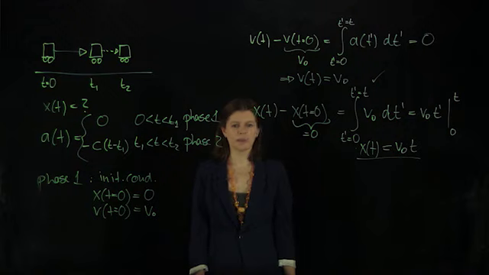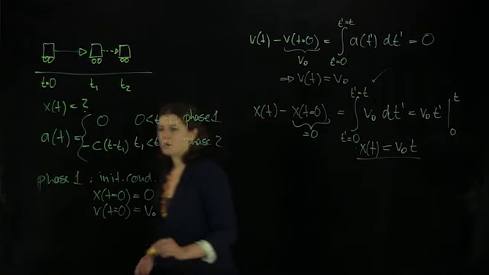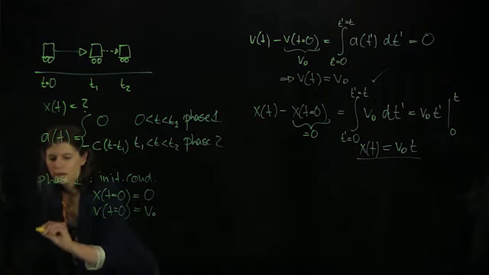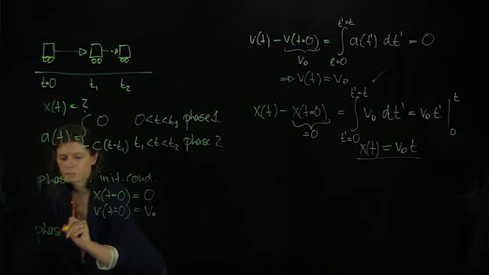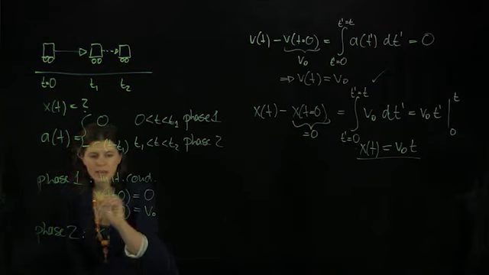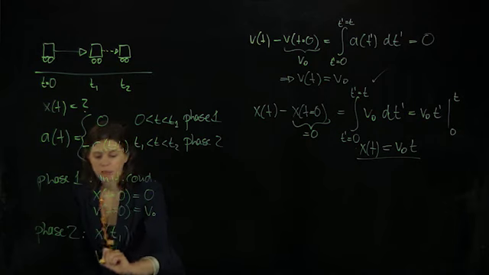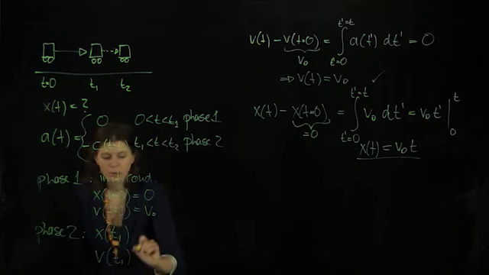Let's look at the same things for phase 2. So let's consider the initial conditions for phase 2 now. Again, in an analogous way, we want to look at what we know about the distance at t1 and the velocity at t1.